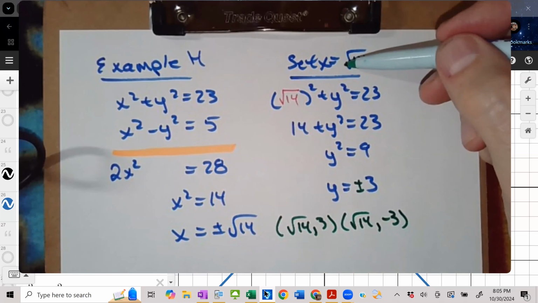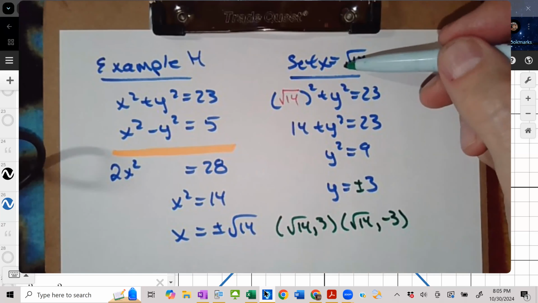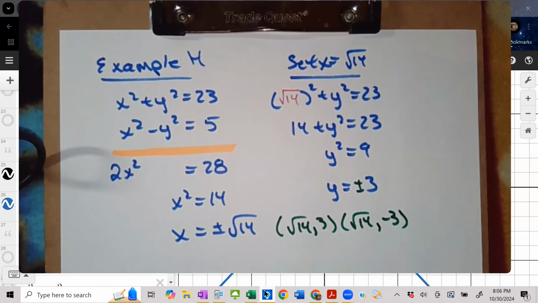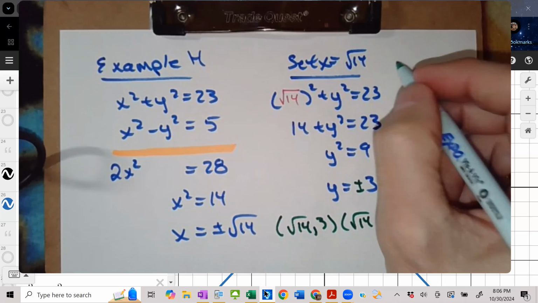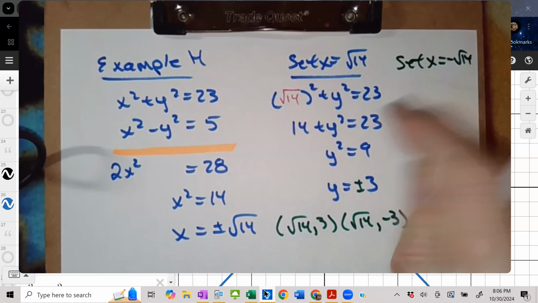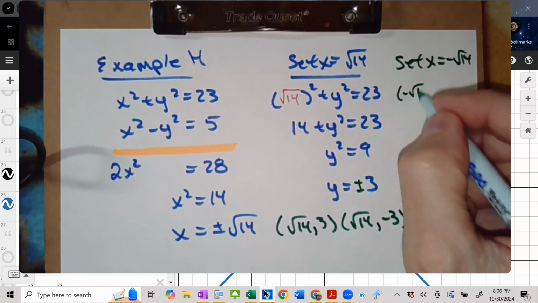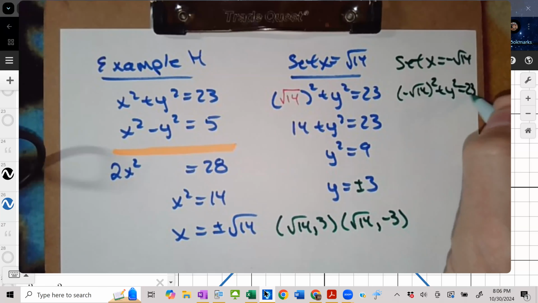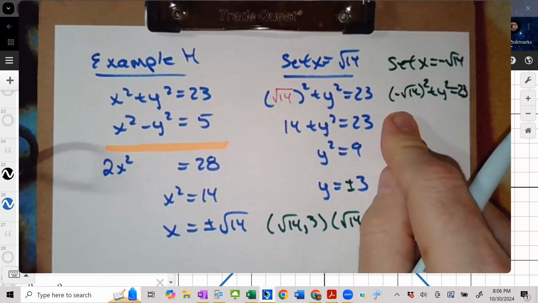Now here's a little trick you can use to save yourself some time. If I put in a negative square root of 14, remember we're going to check both of these. Set x equal to negative square root of 14. When I square the negative square root of 14, I'm just going to get the same thing I got before, right?